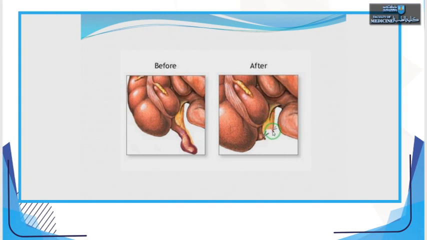Ligation of the appendicular artery in the mesoappendix, away from the other suture that ligates the appendicular stump. This appendicular stump can be left like that or can be embedded inside the cecal wall by using what we call a purse string suture.